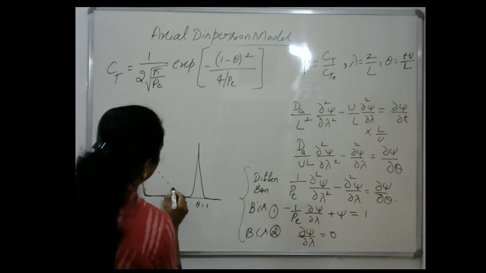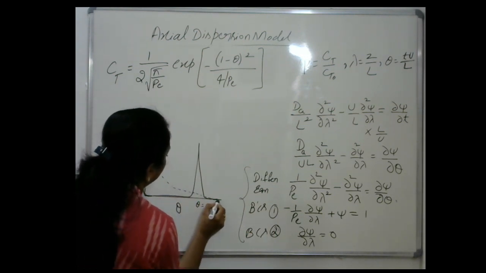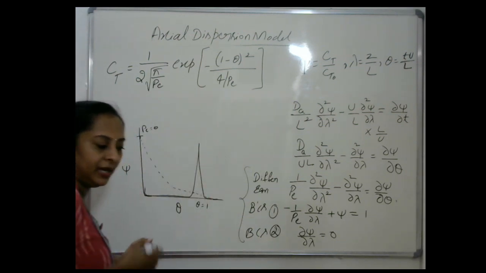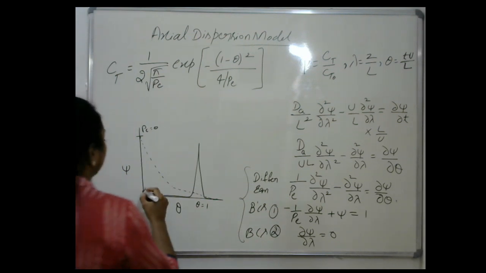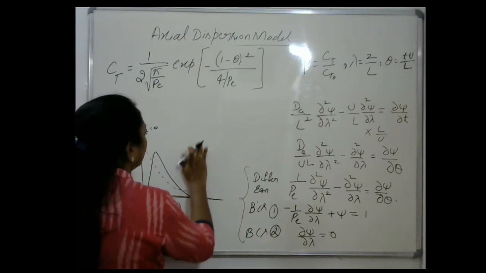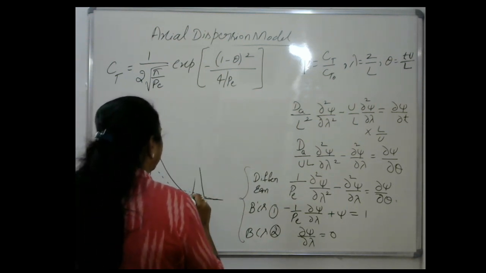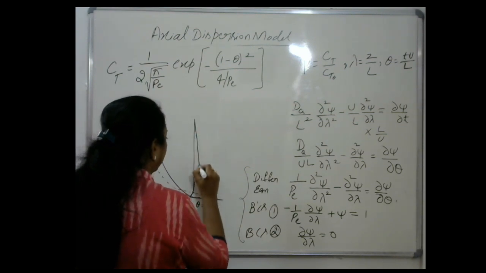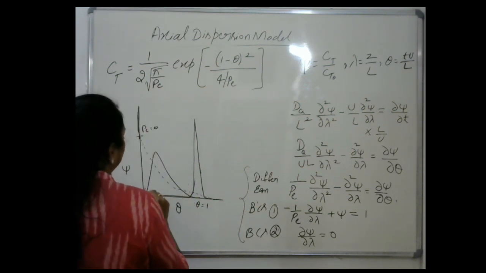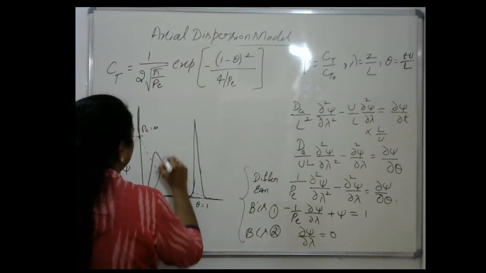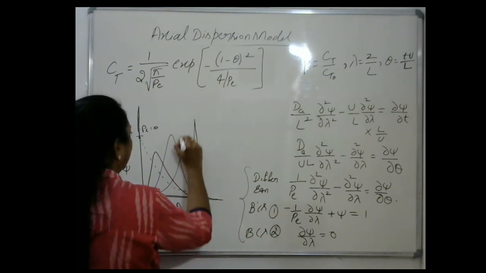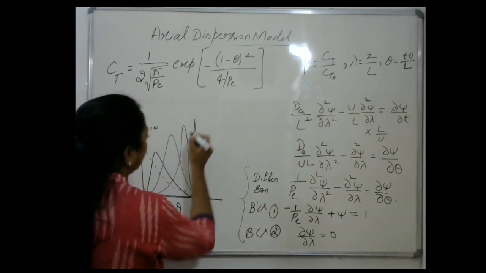I had stated just now, no? So if Pe is 0, you get the nature like this. But as the value for Pe goes on increasing, the nature is in this way. Of course, this peak should be shown a little higher. So suppose the next peak in this way, and the next peak, closely it is approaching.